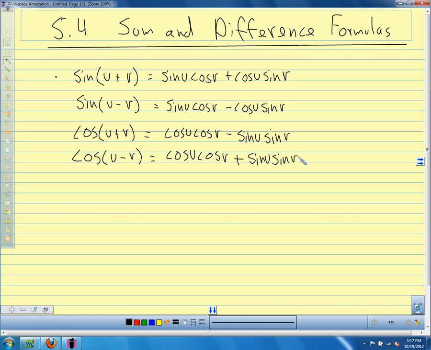And then we have a couple for tangent also. Tangent of u plus v. The formula is a little more complicated. Tangent u plus tangent v, and we divide that by 1 minus tangent u times tangent v.